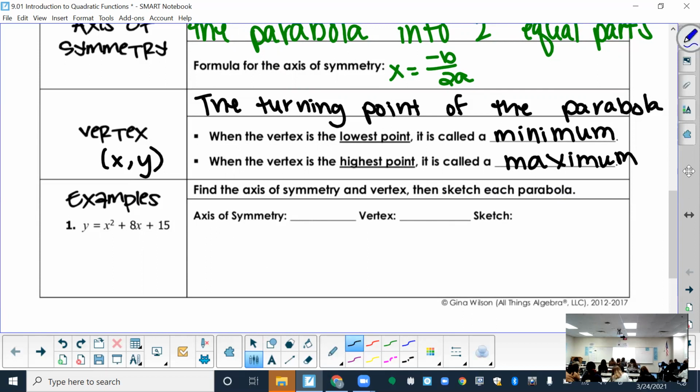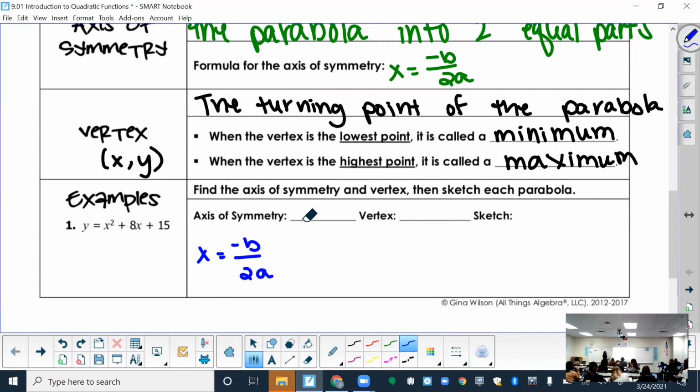What I would do is always write down my formula for axis of symmetry, because I've seen students make mistakes where they forget that the b is supposed to be negative. So it's negative in the formula. Make sure you're writing out the formula so you don't make that mistake.